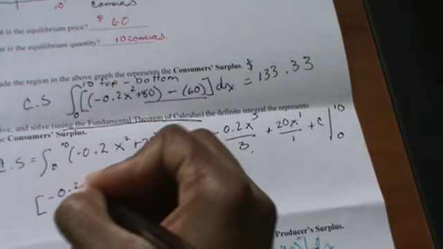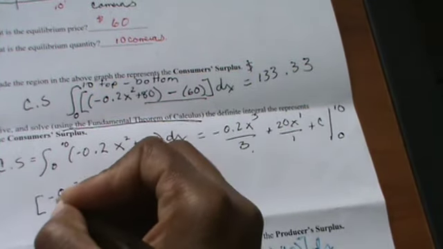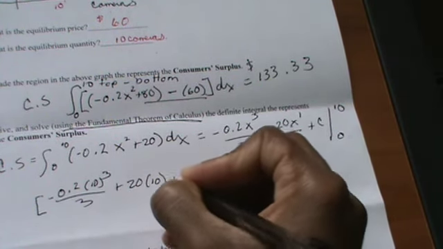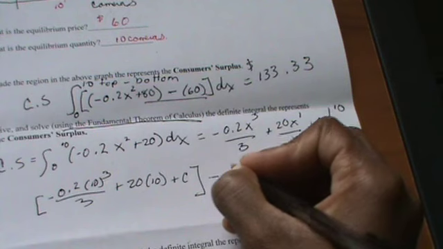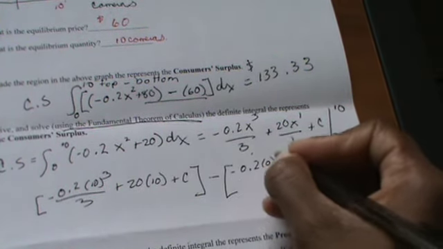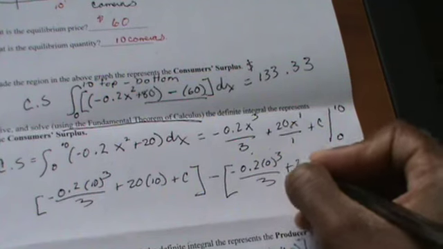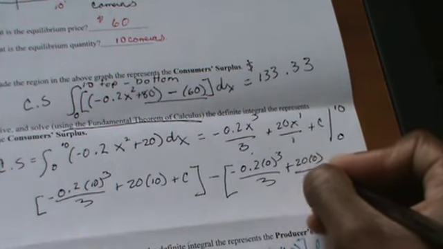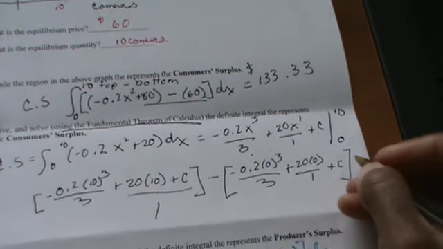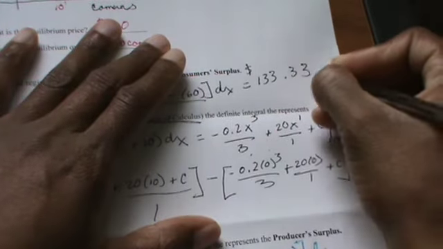Negative 0.2 times 10 cubed over 3 plus 20 times 10 plus c. Subtract off what happens at 0. I'm going to let you guys finish this. Plus 20 times 0 over 1 plus c. And that should be the exact same answer as that.